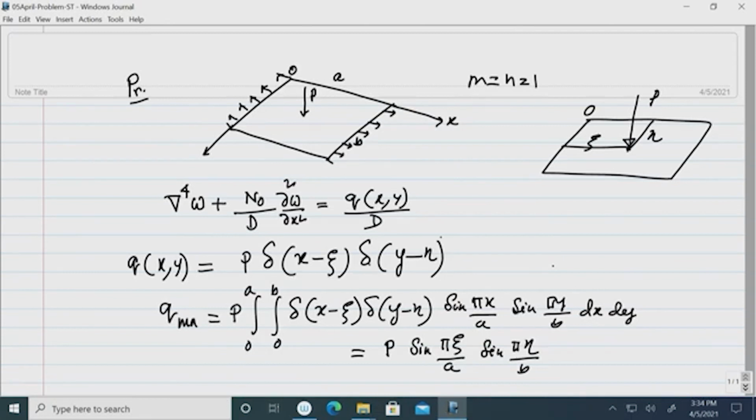Now, here of course, the A_mn will consist of only the first term of the series. So, m is equal to 1, n is equal to 1. Okay.